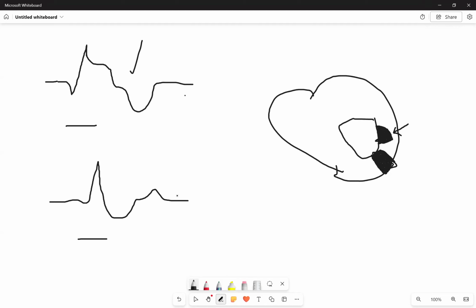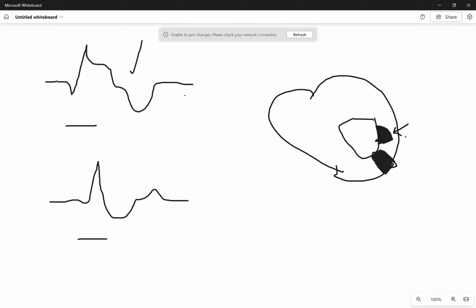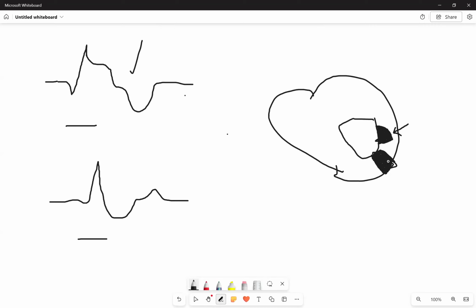Usually when you have NSTEMI, we don't take the patient to the cath lab right away. Unlike STEMI, wherein we have to do it now because otherwise it'll kill the whole thing, right? So we have to go restore blood flow. Otherwise not just this section, this whole section here will die, right? So we have to take the patient to the cath lab right away because it won't stop here.